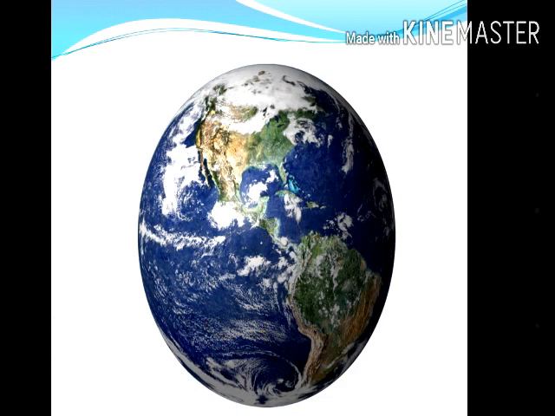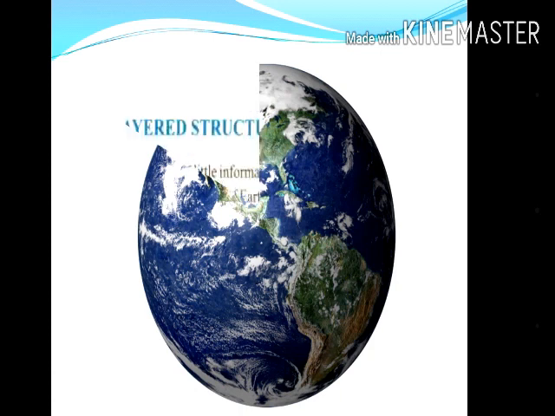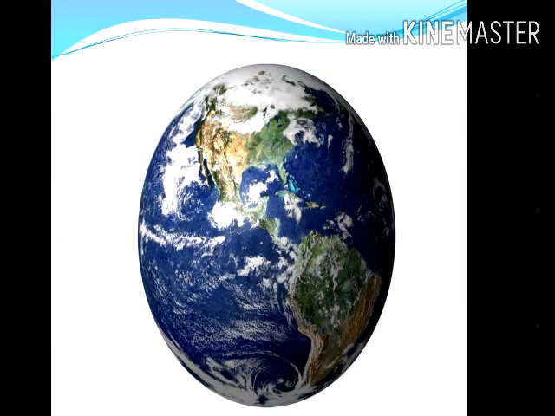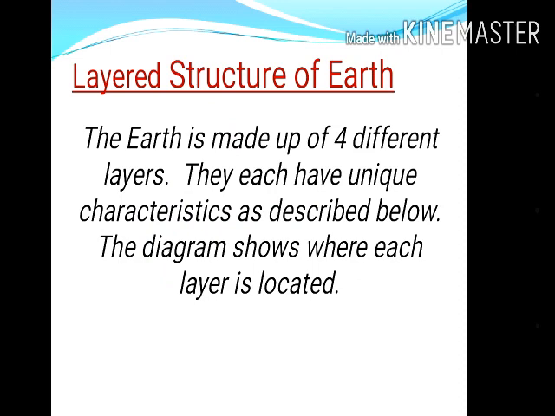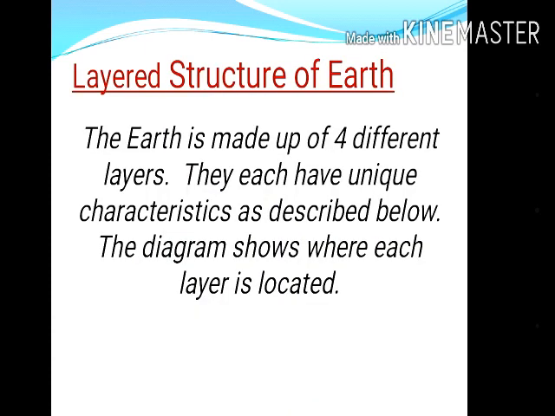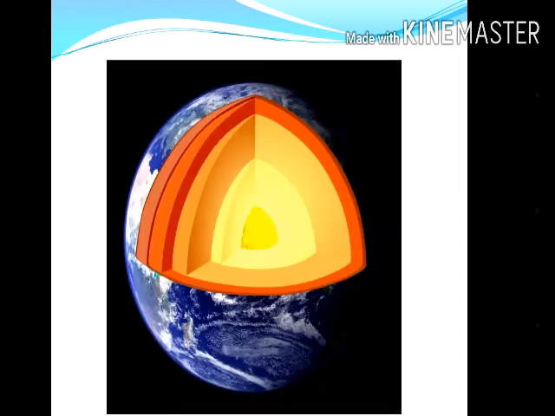Here is water, and the brown, light brown or green portion you are seeing is land. This picture is the simple elaboration of all layers of earth.